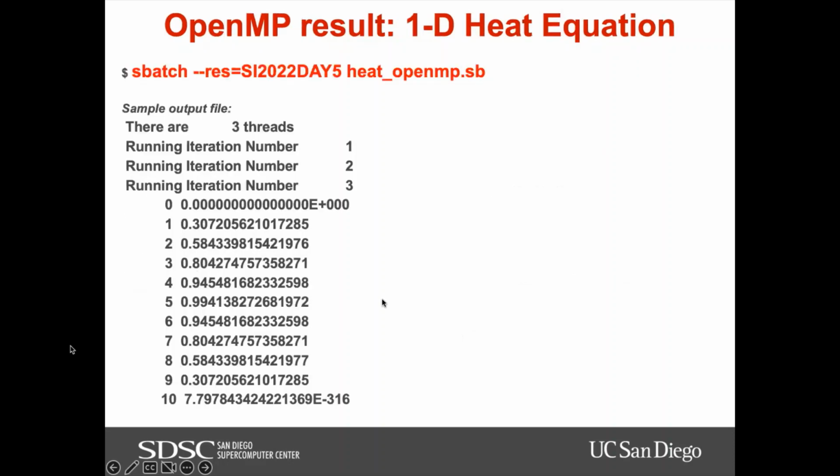So there's another script, heat_openmp.sp. You can run this, but it's simple enough to submit the job and look at it. But I'm going to skip submitting that from my account. So you see the sample output, you just get 3 iterations and then the solution that gets printed out.